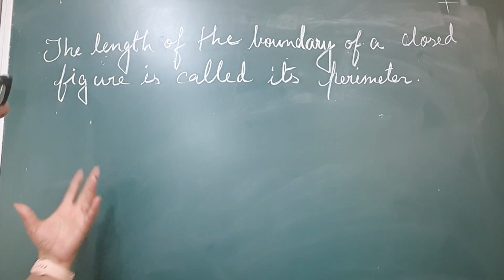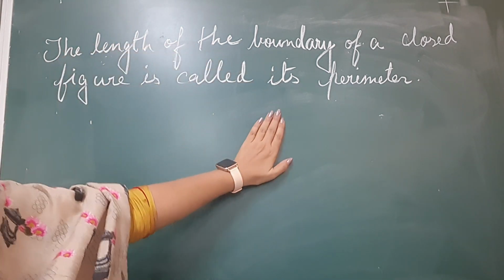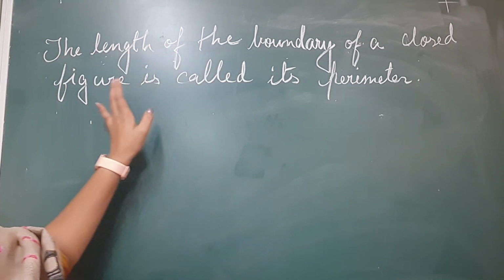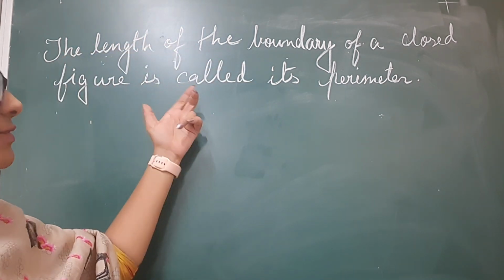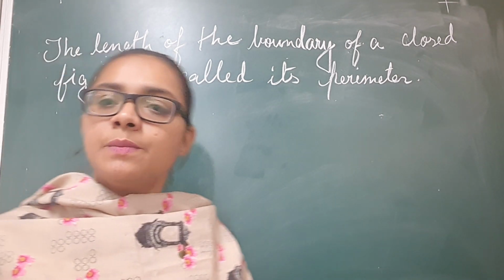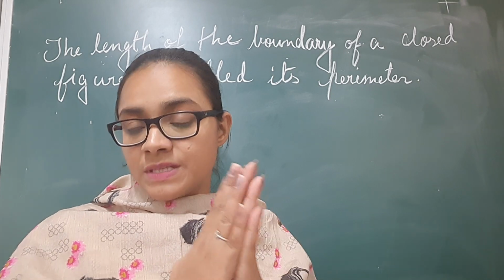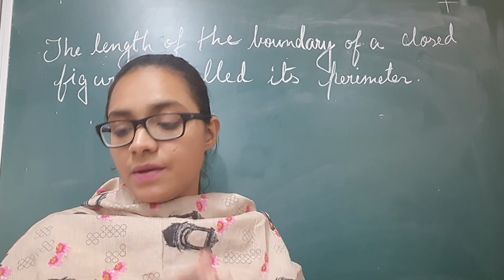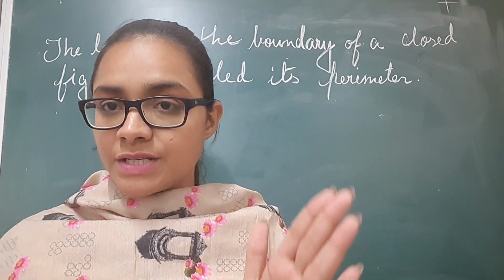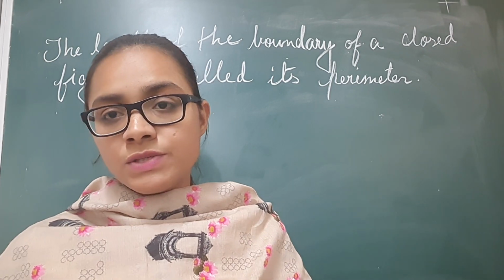So perimeter means the length of the boundary of a closed figure. That means we want to know the perimeter of the cloth, the perimeter of the rectangular park, and so on.